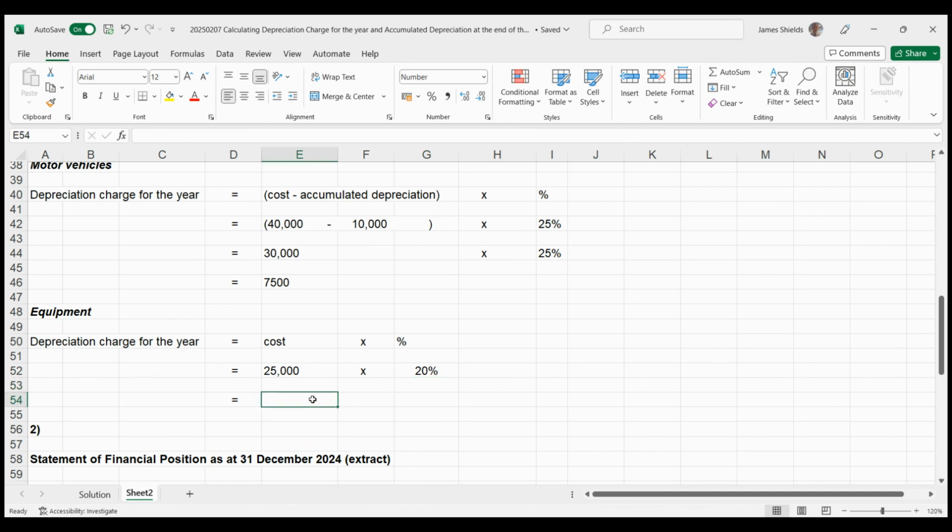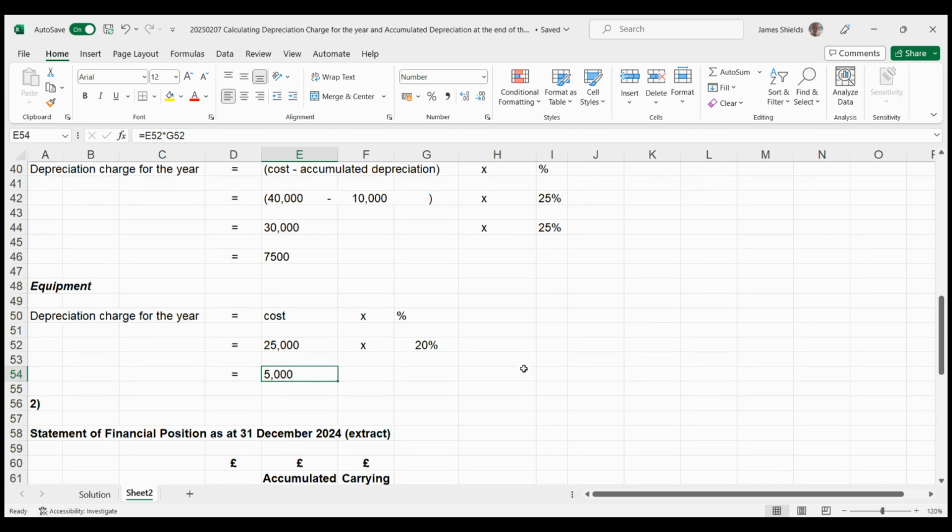So the depreciation charge for the equipment is going to be 25,000 times 20%, which will give us £5,000. So that's working out the depreciation charge, which is an expense in your income statement. So that'll be depreciation charge for motor vehicles, £7,500, an expense in the income statement, and depreciation charge for equipment, £5,000, in your income statement under the expenses section.